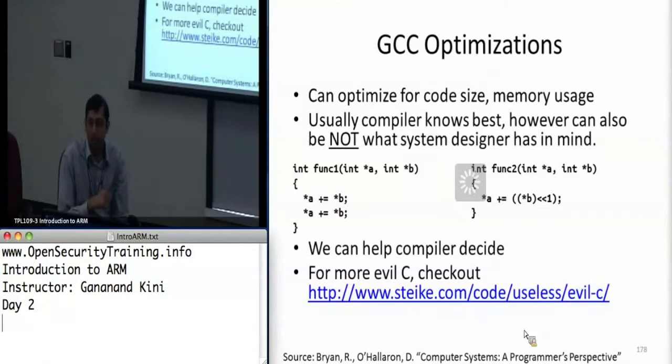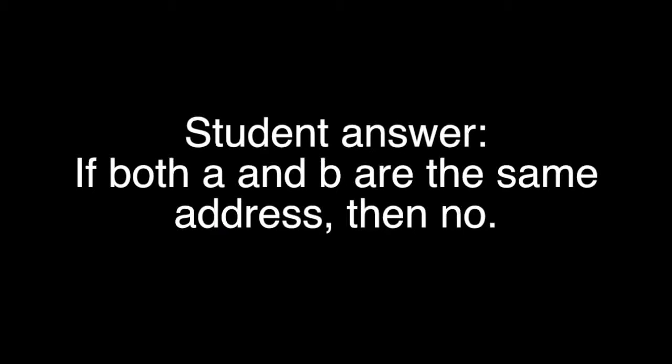Anybody know what's wrong with this piece of code? Are function 1 and function 2 the same? Would you get the same value in A from both function 1 and 2?